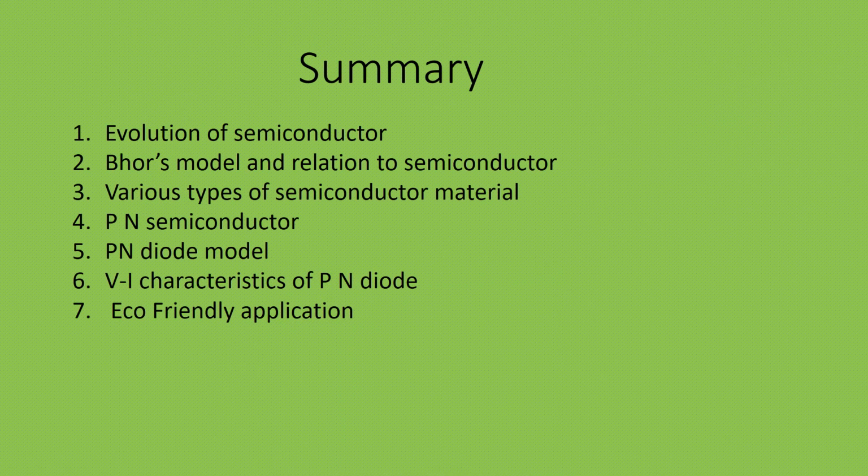So in summary, take back what you have learned: the evolution of semiconductor material, how Bohr's model and semiconductor material are interrelated, then various types of semiconductor material, and how this semiconductor material led to the development of electronic components like the diode, bipolar junction transistor, field effect transistor, and MOSFET.